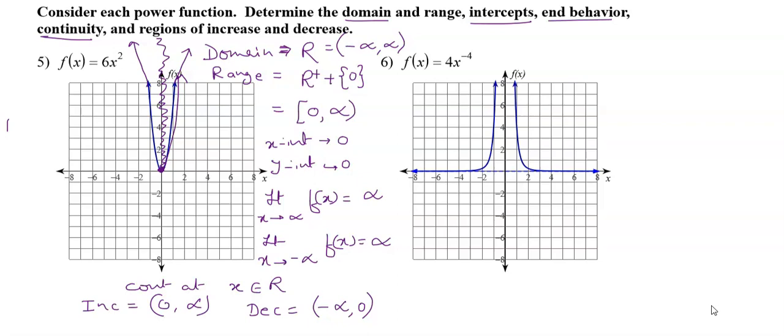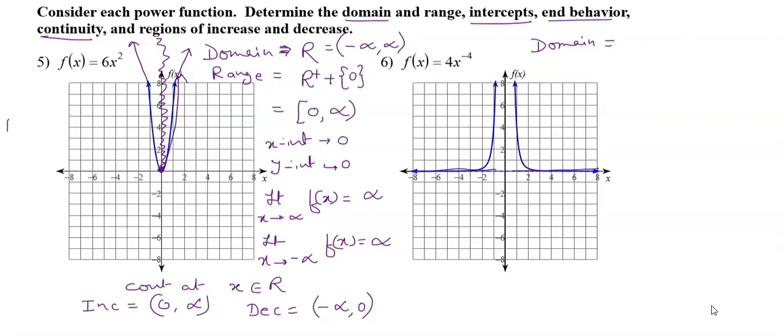For question number 6, when I look at the graph, I realize that the domain is all real values except 0. I'm just marking it. On the x-axis it is covering everything, but it is not touching x at 0, right?